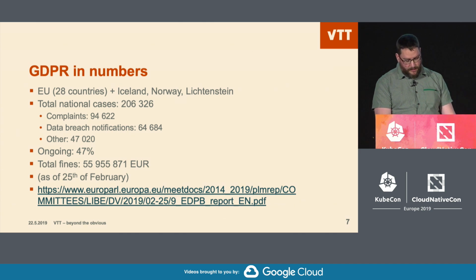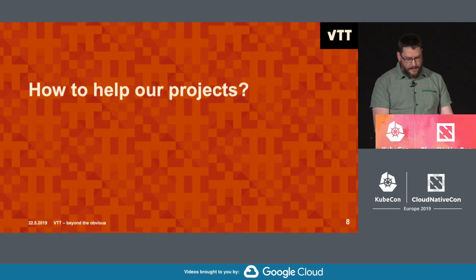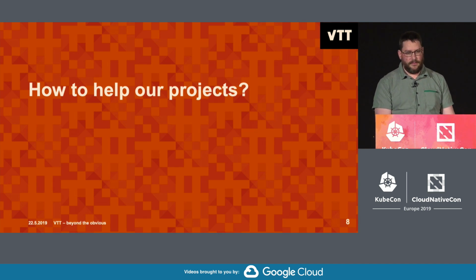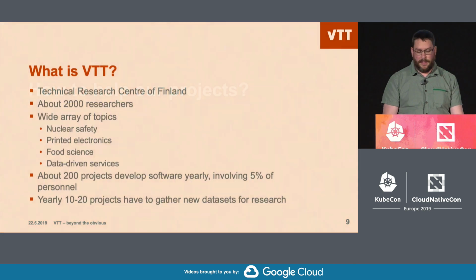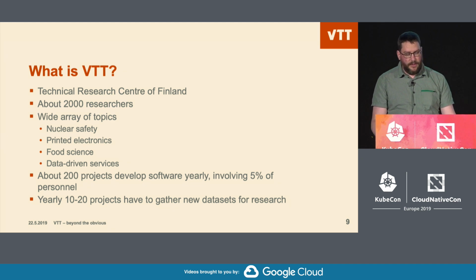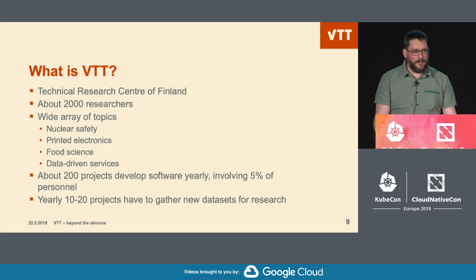All right, so let's talk a little bit about how VTT works and, well, what VTT is to begin with. So VTT is the Technical Research Center of Finland. This is a company that is owned by the state, and we are a non-profit organization. We are doing all kinds of research, so it's not an IT research organization.